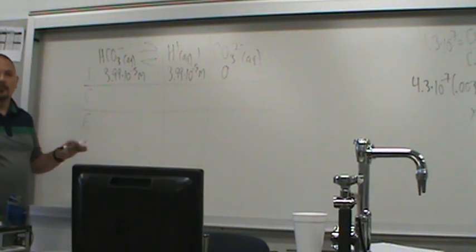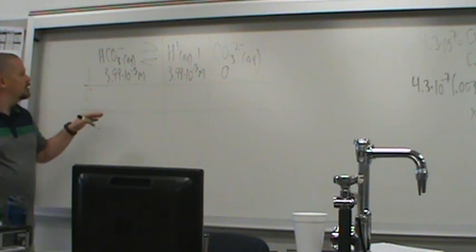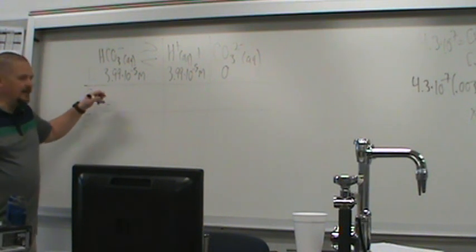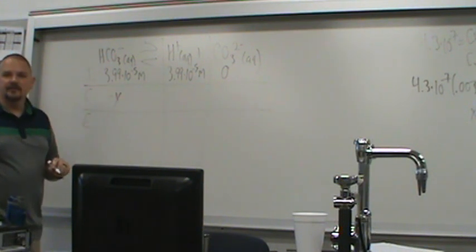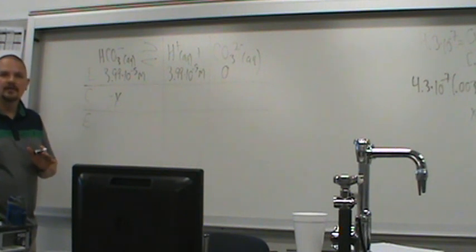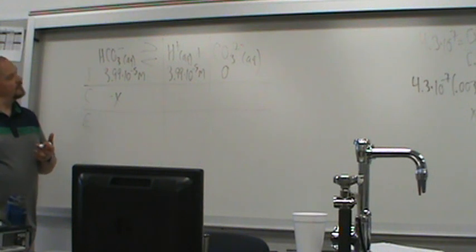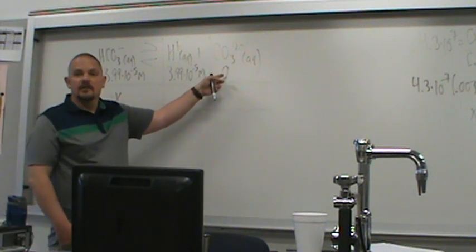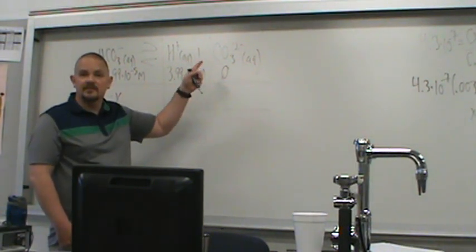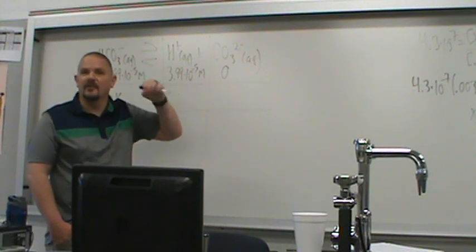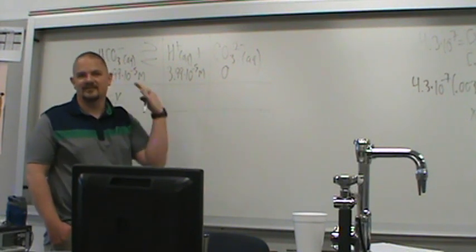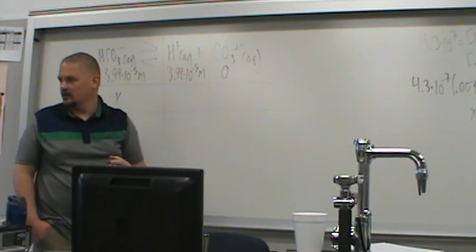All right, now for our change in this situation, reactants, we're still going to have a negative X for the change. Why? But if we look over here, since with one of our products we have an initial concentration of 0, can we take anything away from 0? Answer is no. That's the reason why.